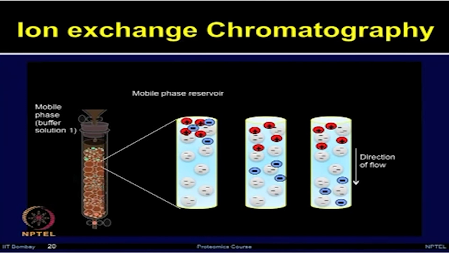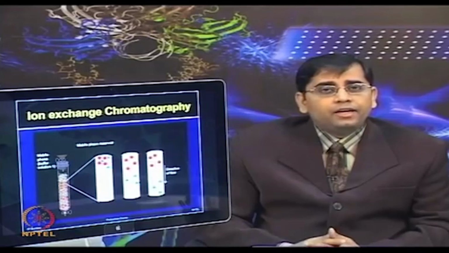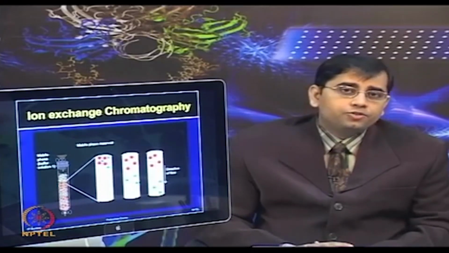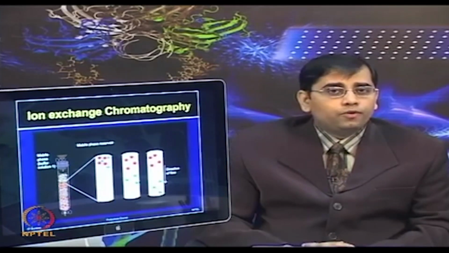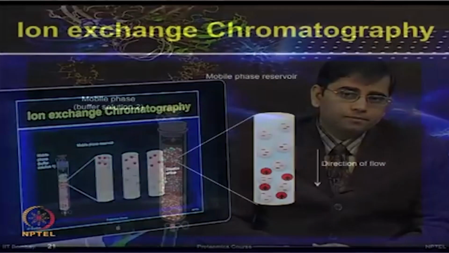Various anionic buffers such as acetate and phosphate are used for cation exchange, and cationic buffers such as Tris chloride or ethanolamine are used for anion exchange.